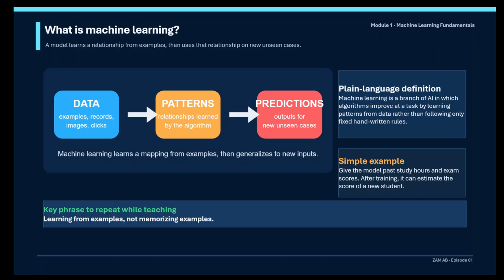Key phrases for the students to repeat would be: learning from examples, not memorizing examples. Machine learning is actually learning from examples. It is not memorizing the examples at all. So if, for example, we ask how many cases of 4 hours of studying have resulted in pass, it's learning.